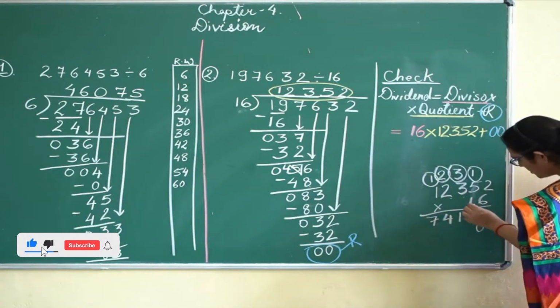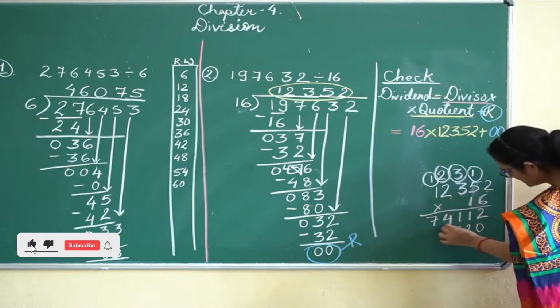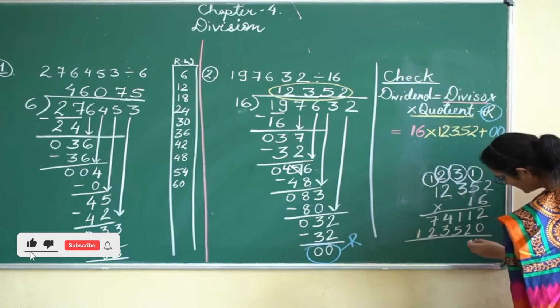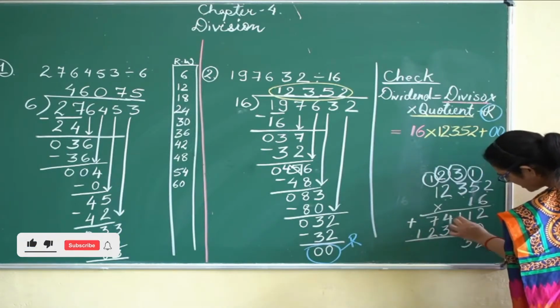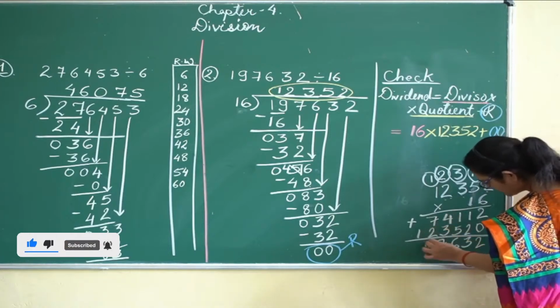Now we'll put 0. 1 2 is 2, 1 5 is 5, 1 3 is 3, 1 2 is 2, 1 1 is 1. Now we'll add: 2 plus 0 is 2, 1 plus 2 is 3, 1 plus 5 is 6, 4 plus 3 is 7, 7 plus 2 is 9, 1.